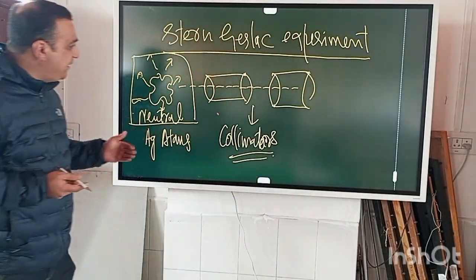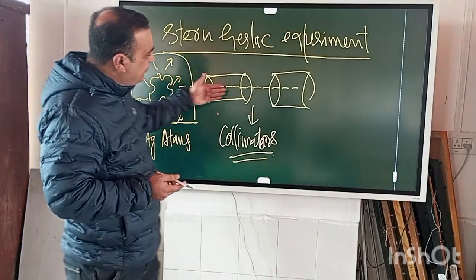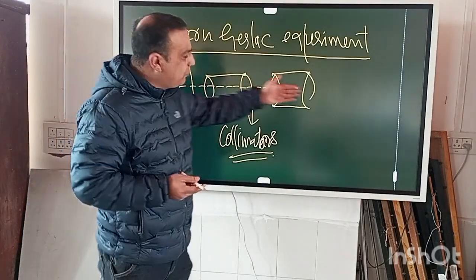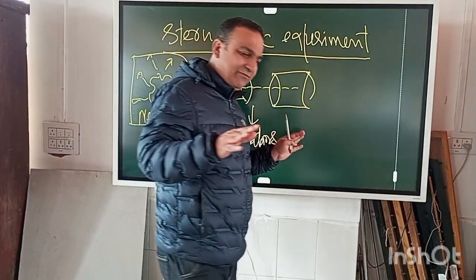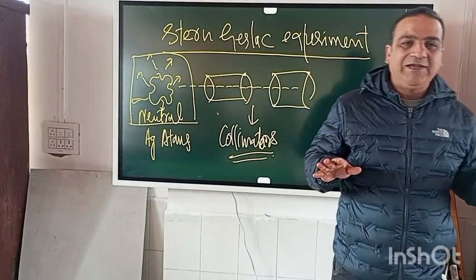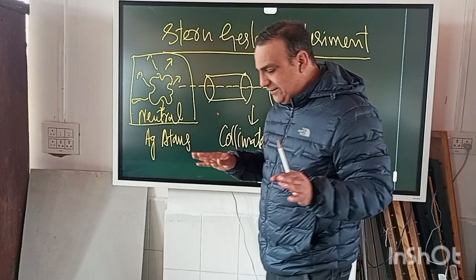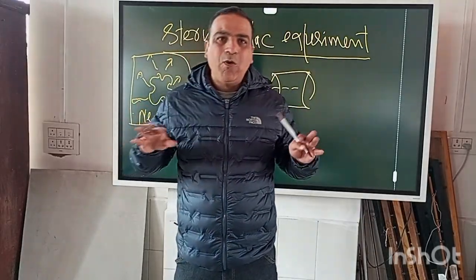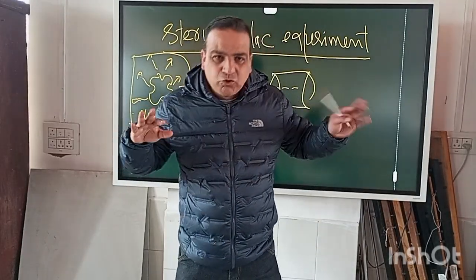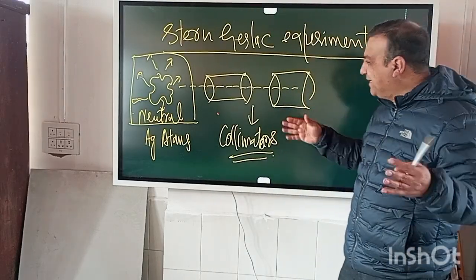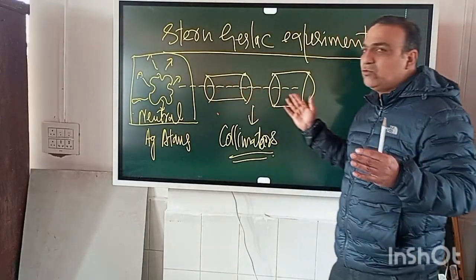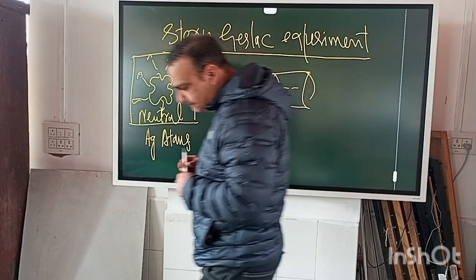And when these silver atoms move through the collimators, you are not intervening with them. So these atoms must have some kind of superposition existing between all of the millions of atoms passing through these collimators.